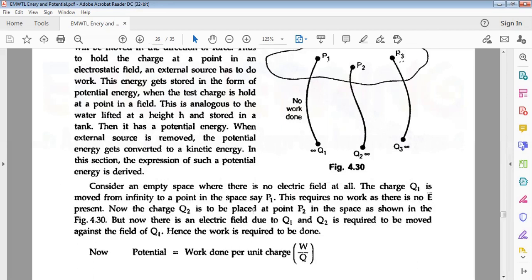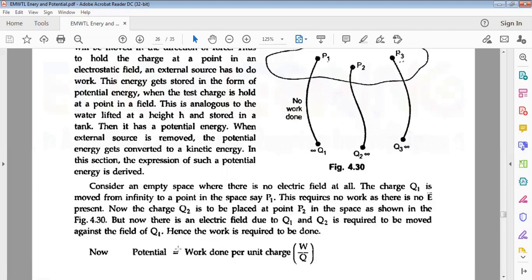Now the charge Q2 is to be placed at point P2 in the space as shown here. But now there is an electric field due to Q1, and Q2 is required to be moved against the field of Q1. Hence work is required to be done here.